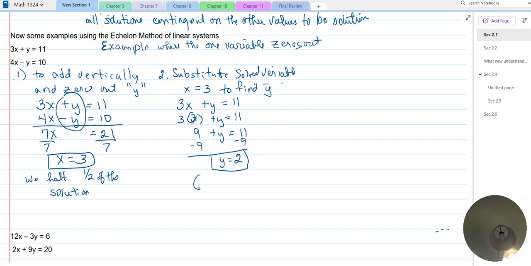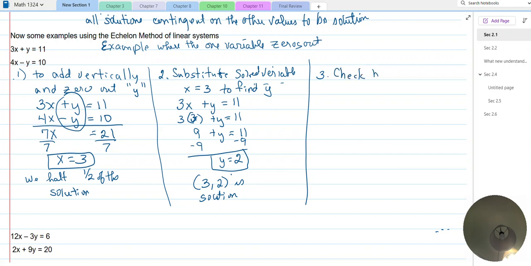So now we're stating, and an answer is always x, y, so it's going to be 3 and 2 is a solution. But before we stake our life on it, we're going to check it. Now, if your math is incorrect, it'll show up on a check of both. So I'm going to have 3 times 3 plus 2 is 11.